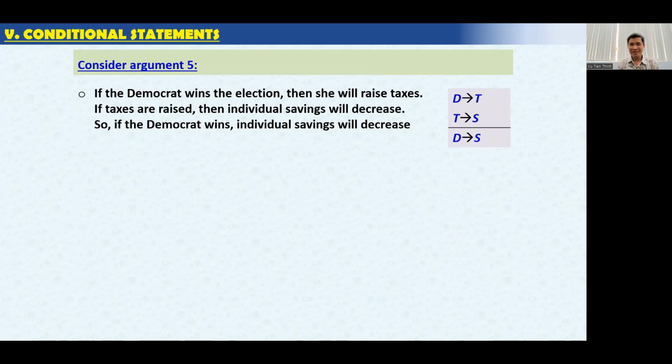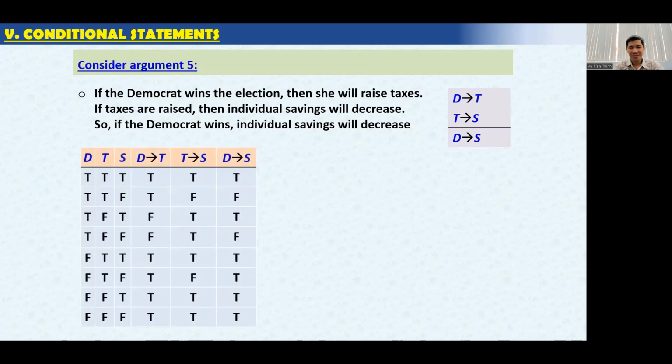If the taxes are raised, T, individual savings will decrease, savings, S. So if the Democrat wins, D, individual savings will decrease, S. We have D, T, S. If D then T, if T then S, and if D then S.